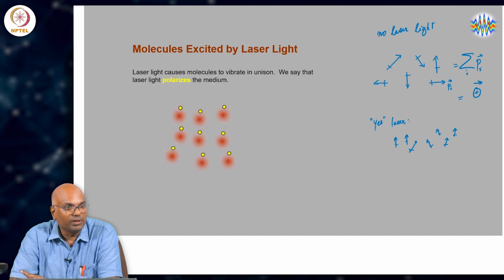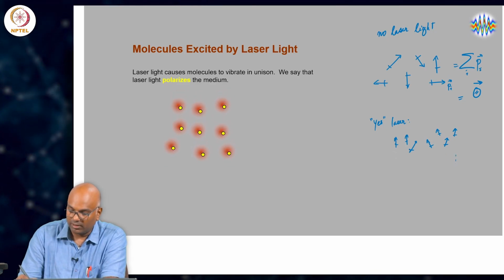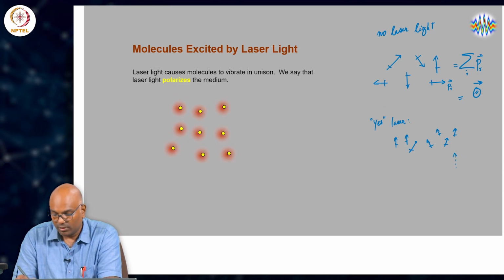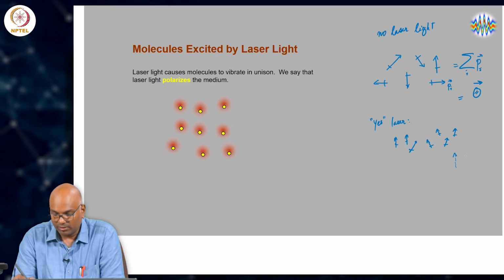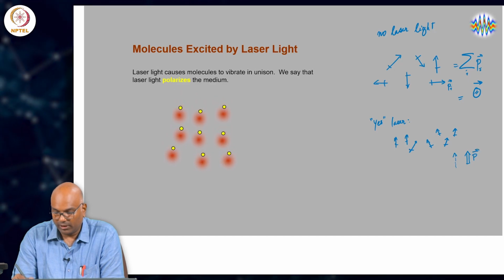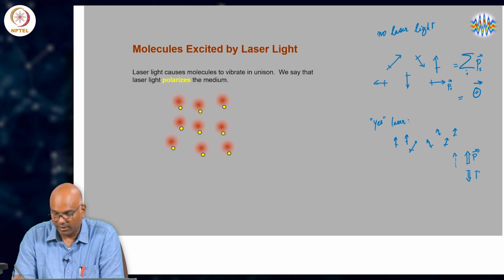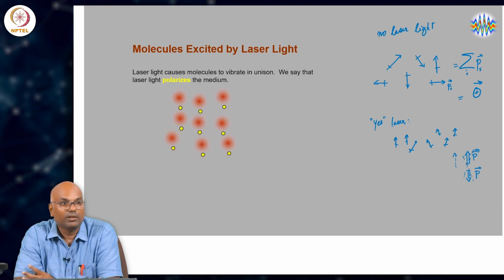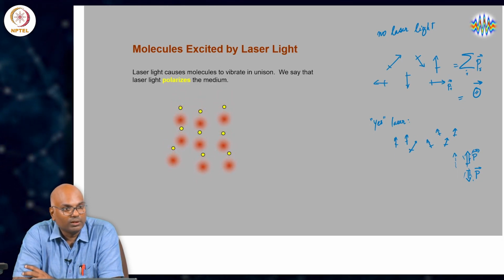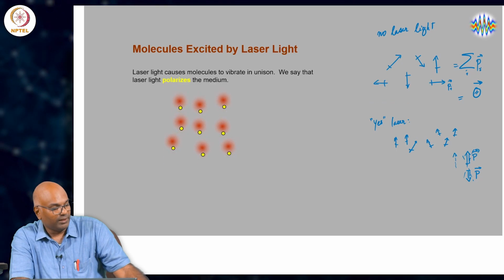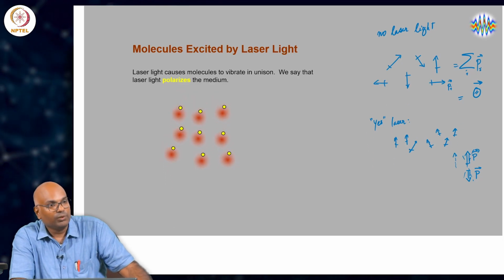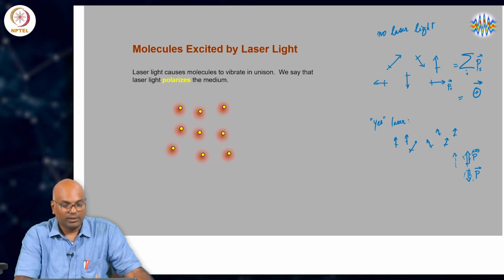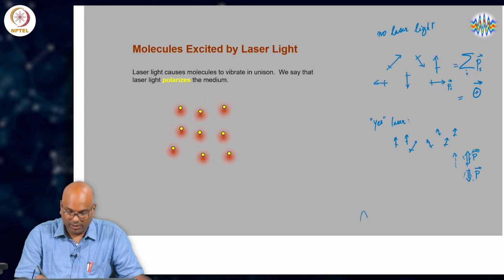Earlier, if I take any direction, say vertical, the sum of Pi had as much positive upward amplitude as downward, and these two cancelled out each other and we had 0 total polarization vector. But now with the light field incident, it can induce a net polarization and net dipole moment along the direction of the oscillation of the electromagnetic wave.